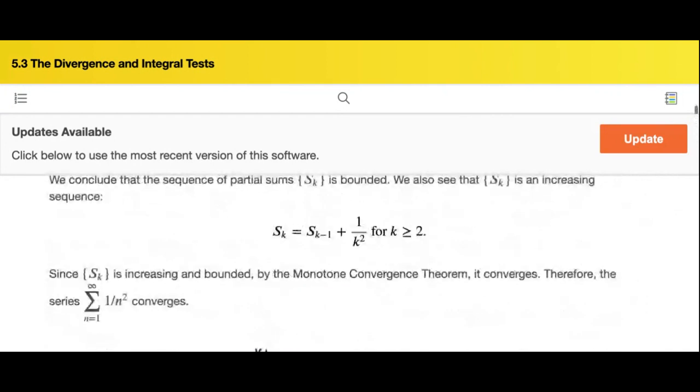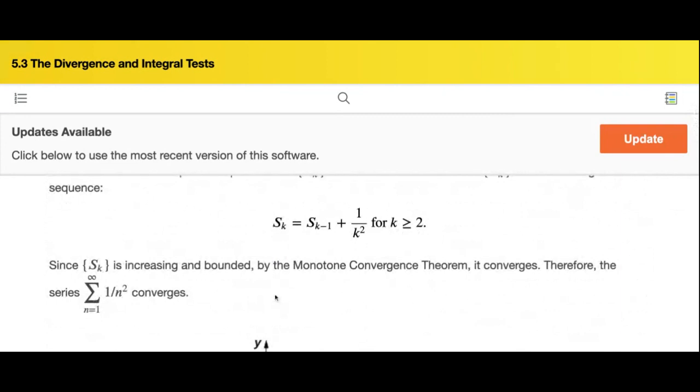So basically, the theorem says an increasing and bounded sequence converges. So here we use that.